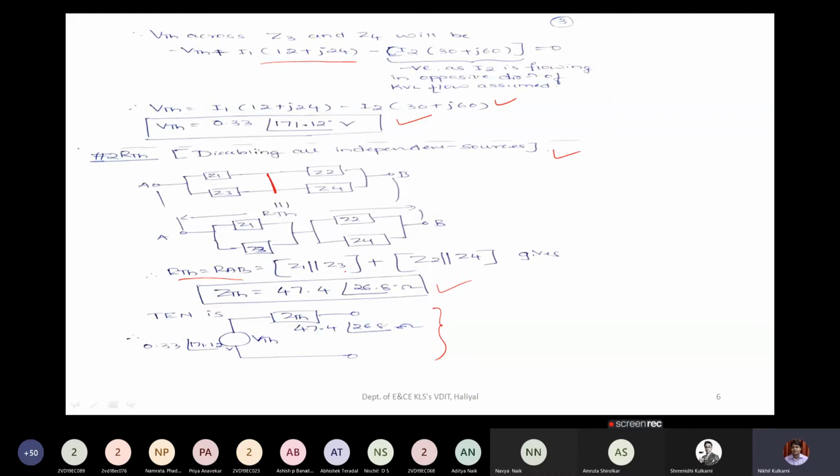Particularly if you observe here, I have written this current as negative, because I2 is flowing in the opposite direction of the KVL flow assumed.